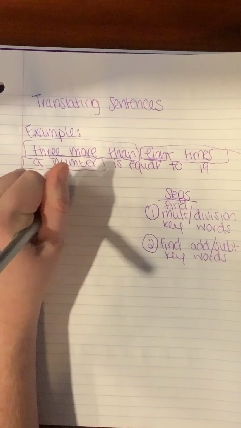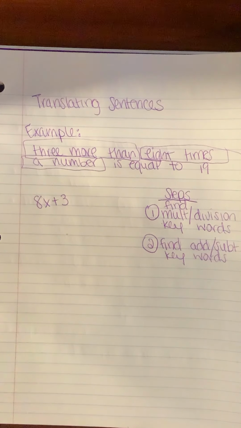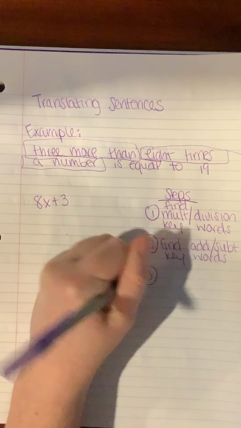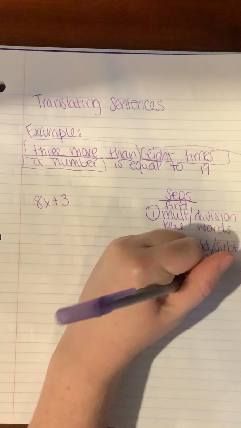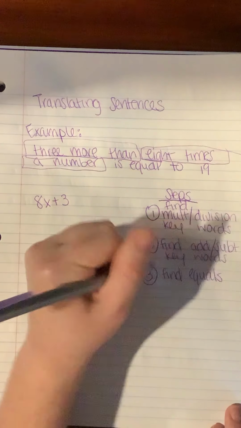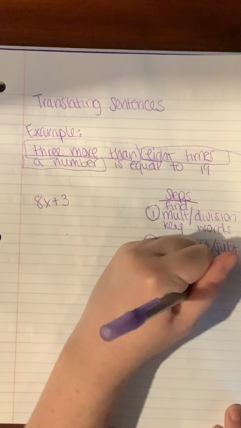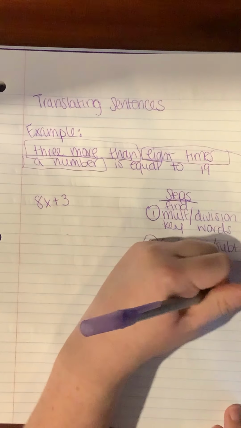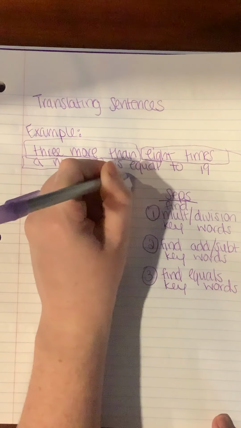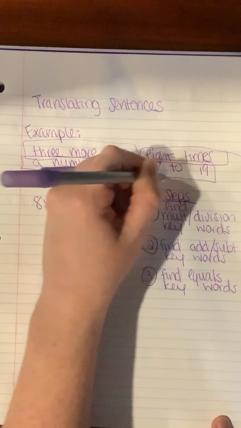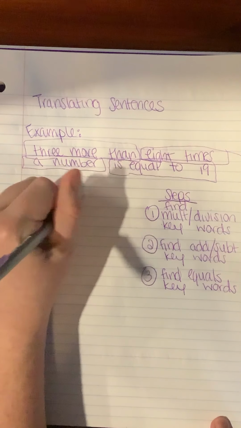So plus 3. My last step, I'm going to find my equals keywords. Okay, so I'm going to box it is equal to 19. So equals 19.